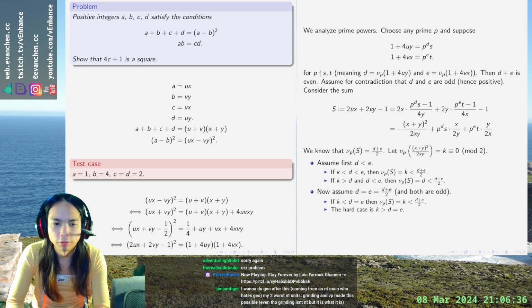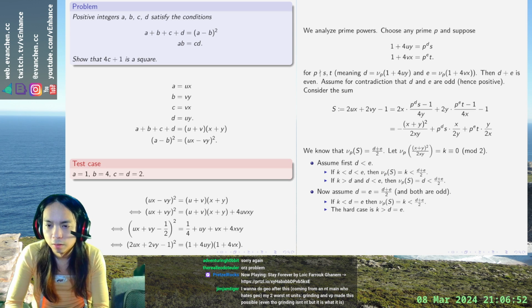In particular, we know that 1 equals 4uy, Vx is congruent to minus 1/4 mod p.